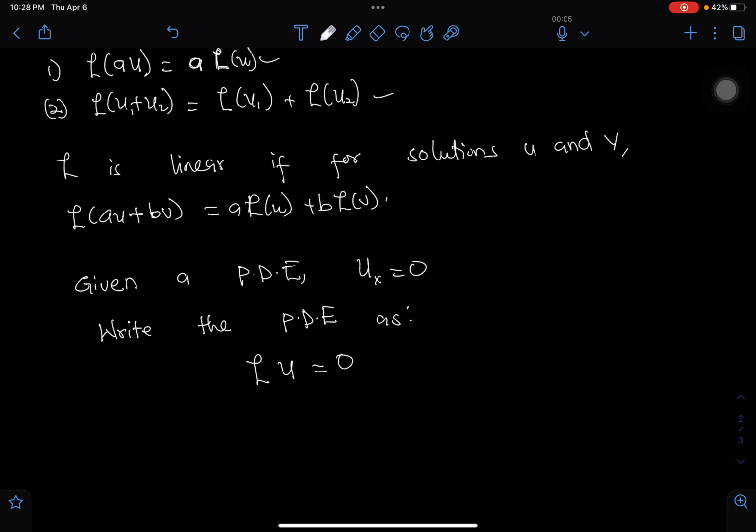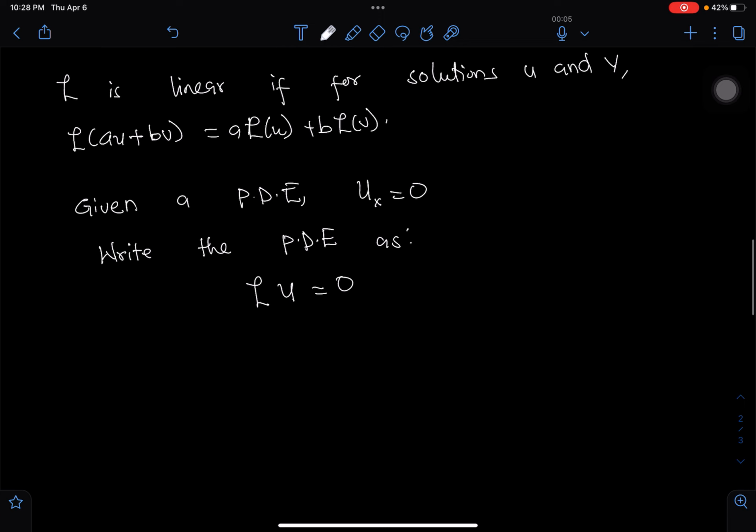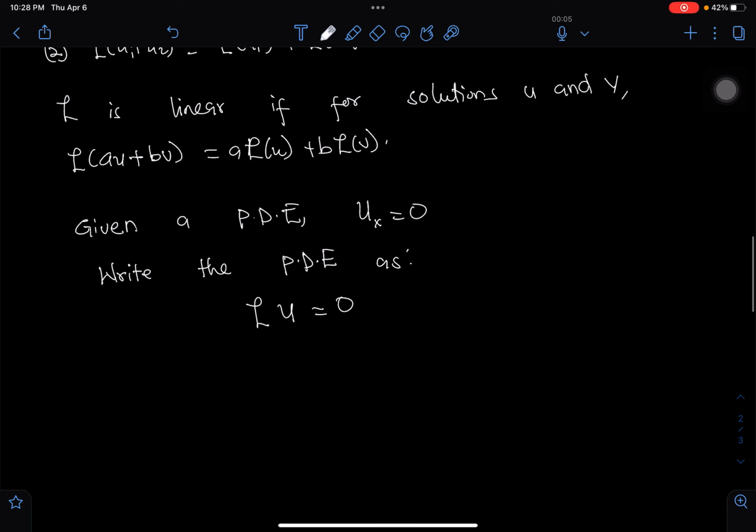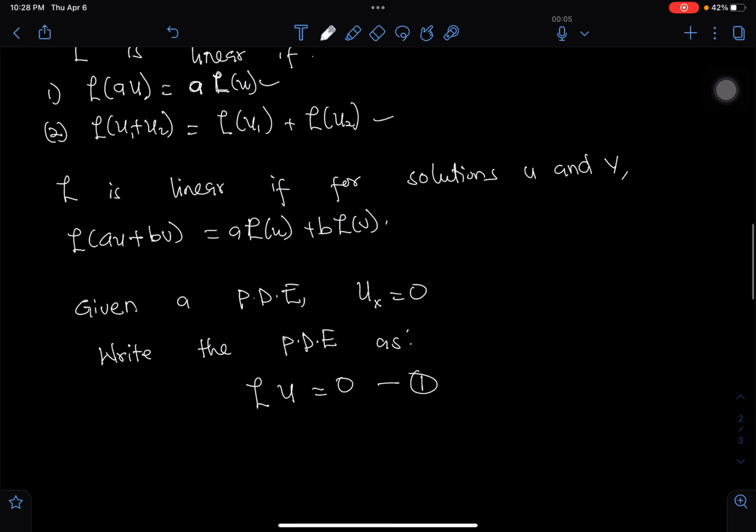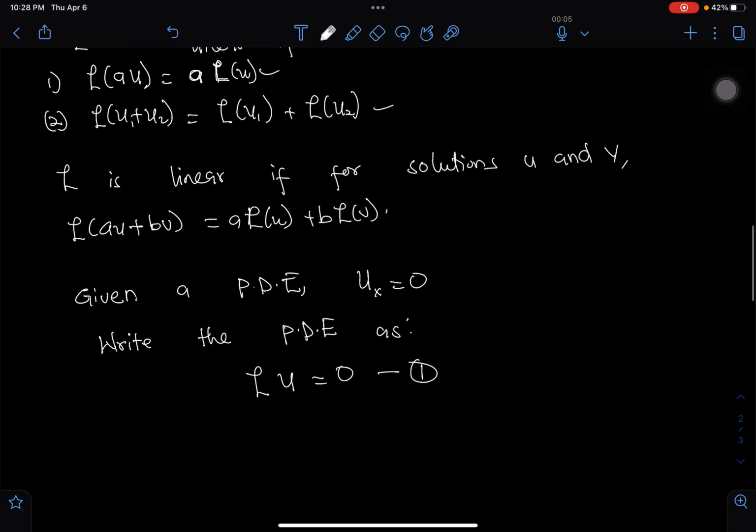From this we are going to know the operator, and once we know the operator, we can check whether the PDE is linear or not, because if it is linear, then it has to satisfy the condition given above.